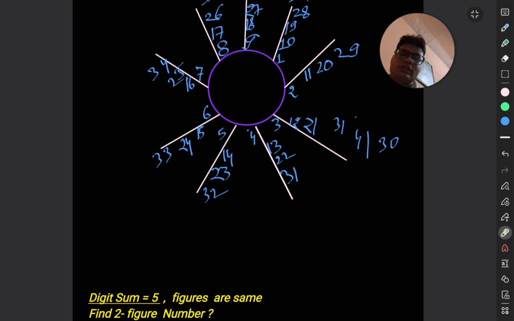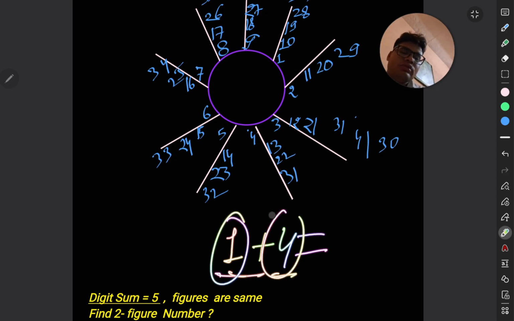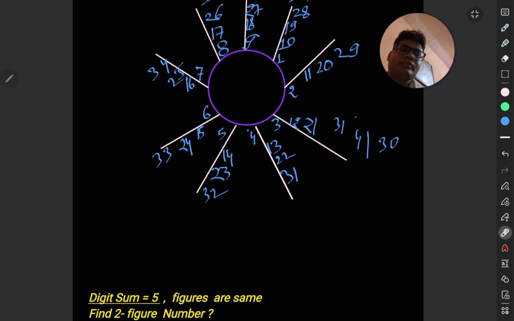Here notice 14. It has digit sum 5 because this is the only 5 branch in the 9-point circle. If we add the digits, 1 plus 4 is equal to 5. So by using this number, we can find the solution of the question.